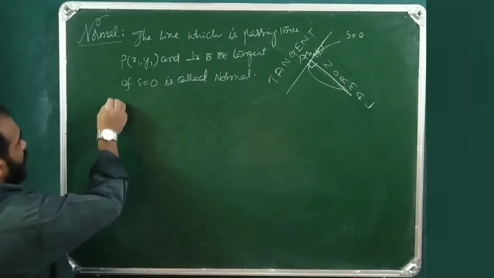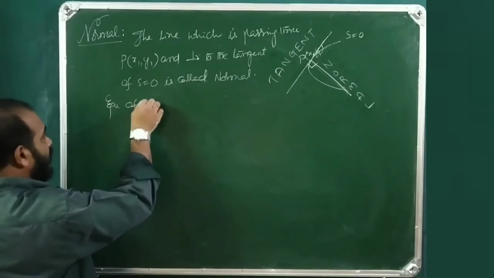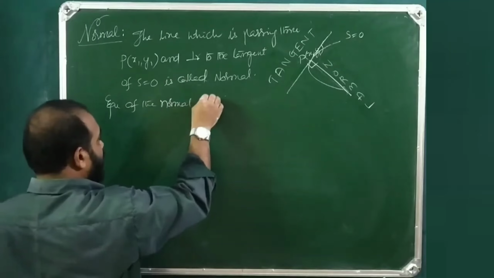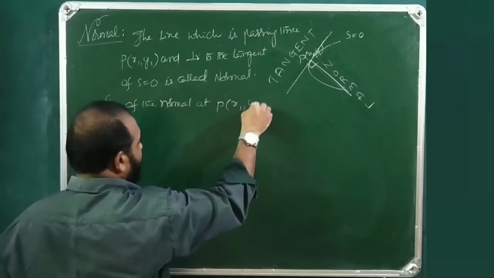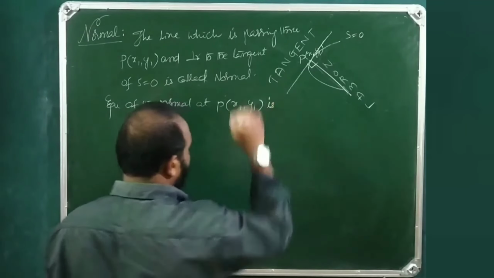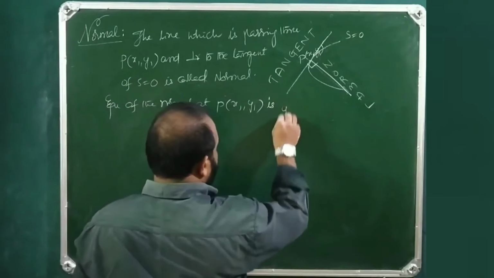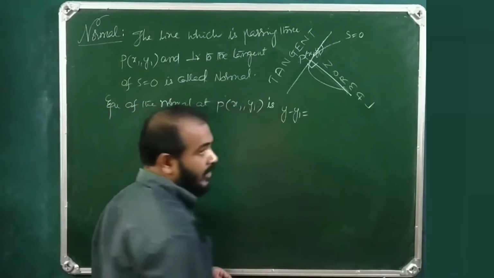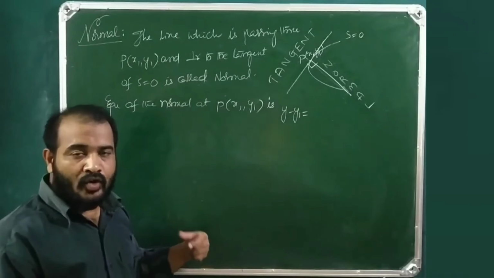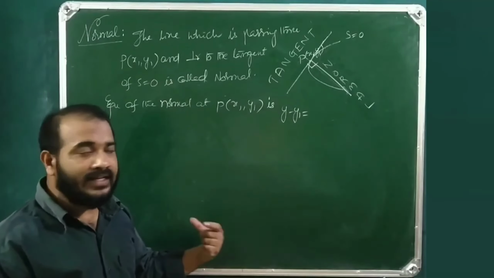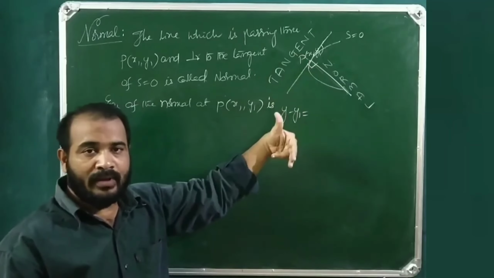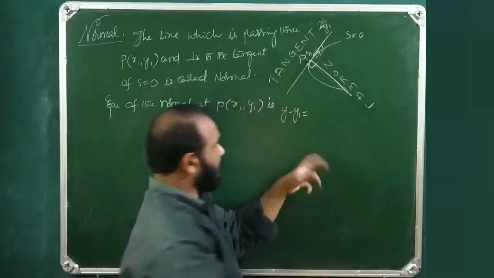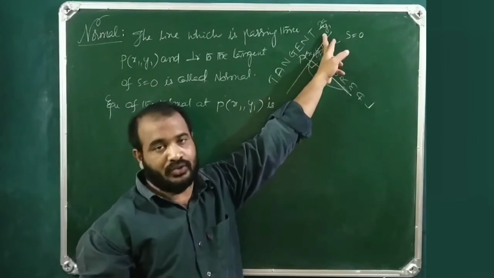So now the equation of the normal at P(x1, y1) is y minus y1 equals, earlier 2a by y1 is what we got as the slope of the tangent at P(x1, y1).